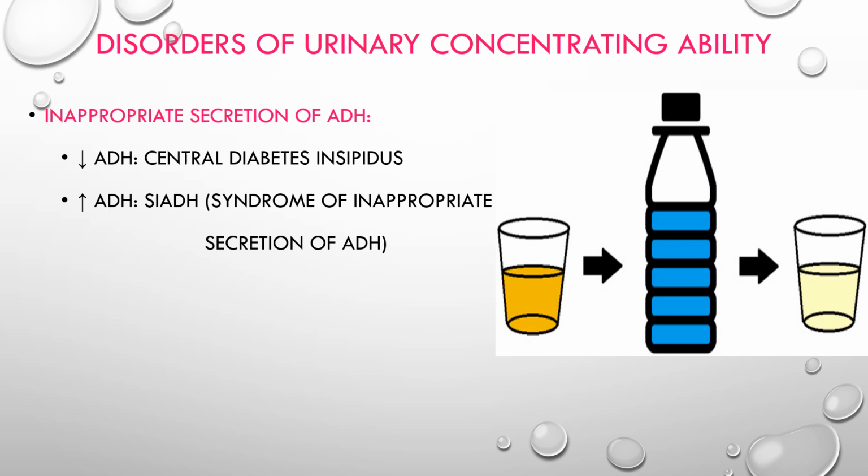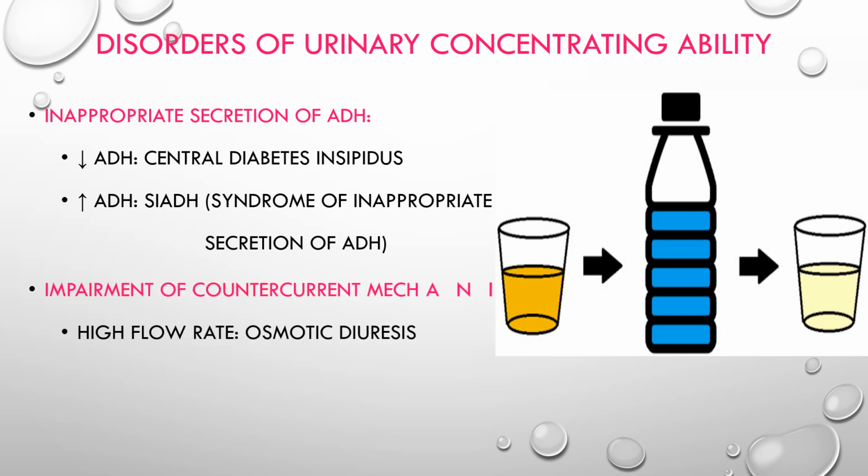And when there is increased antidiuretic hormone secretion, it is called syndrome of inappropriate secretion of antidiuretic hormone. When there is impairment of the countercurrent mechanism, the flow rate will be more, which is called osmotic diuresis.